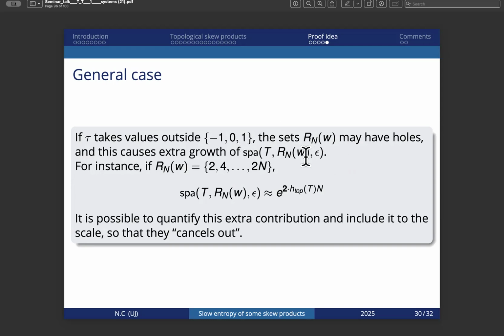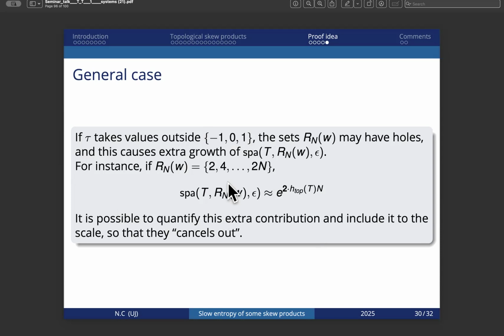This sparseness will cause extra growth of these quantities. For instance, if the range of a word is the first n even numbers, then this spanning number will be exponential of 2 times topological entropy times n. If we take the multiples of 3, here we will have a factor of 3. So there is a rescaling. One needs to quantify the extra contribution produced by the sparseness of these ranges.